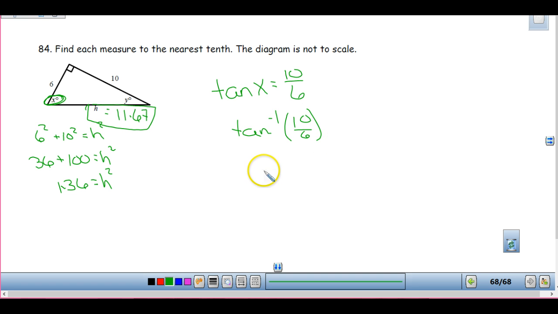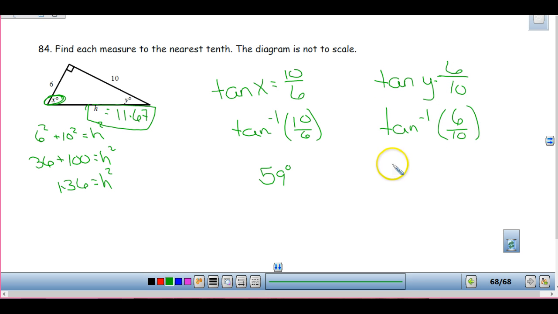That's your second tangent sign. And you get 59 degrees. Then you've got to do the same thing with y. Tan of y equals opposite over adjacent. So now our tan inverse of 6 over 10, second tan, and we end up with 31 degrees.